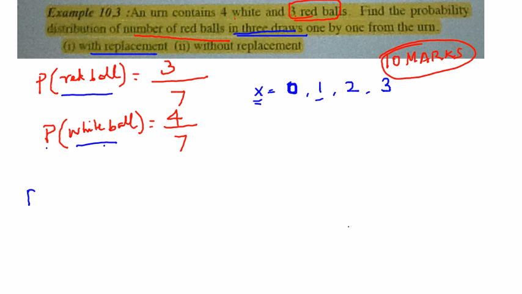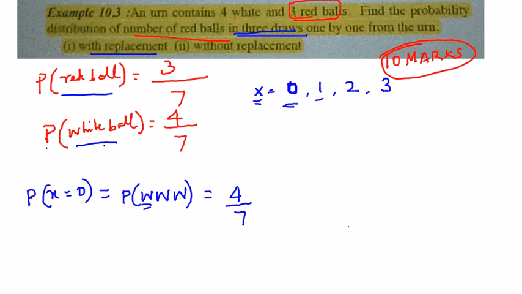So the probability of the first outcome, where x is equal to 0, that is all 3 turns I'm getting only a white ball, white, white, white. In the first chance when I got white, it was 4 by 7.